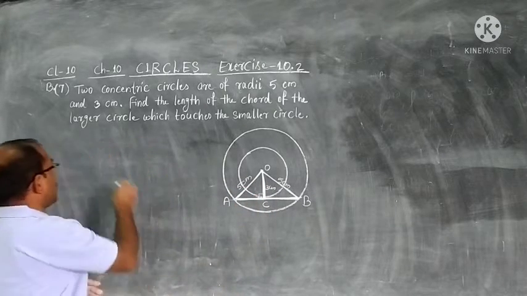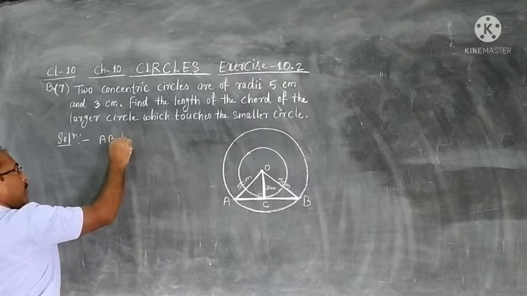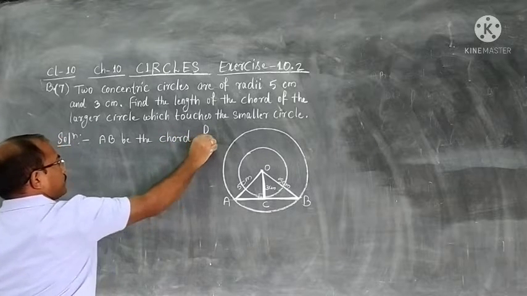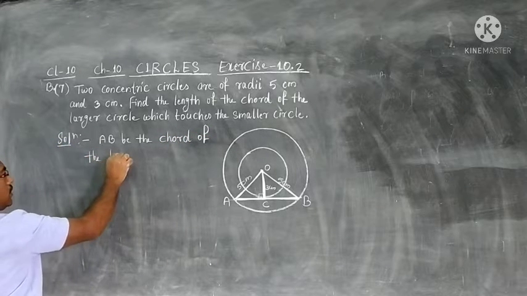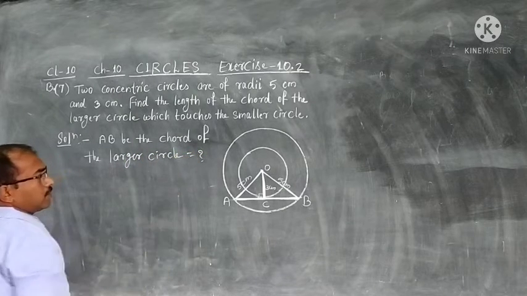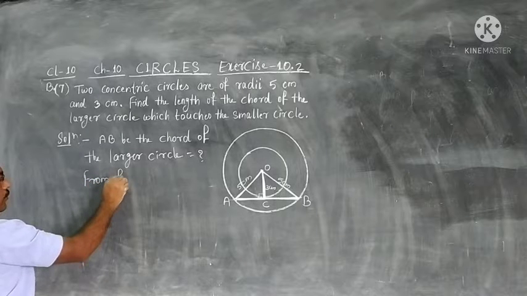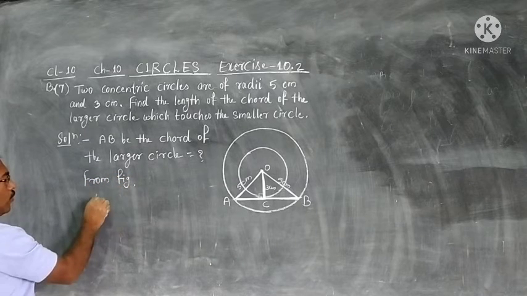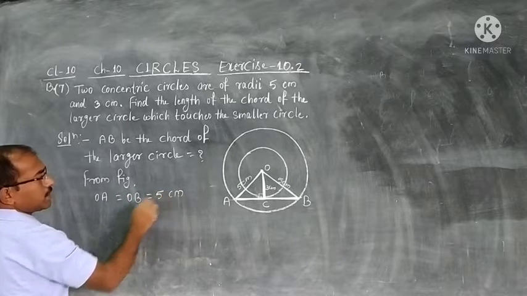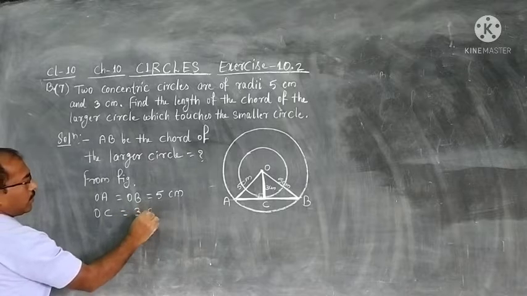So, let us start. First of all, let AB be the chord of the larger circle, and this we have to find. From the figure, what can you say? OA will be equal to OB, that is the larger circle radius. OC will be the radius of the smaller circle.